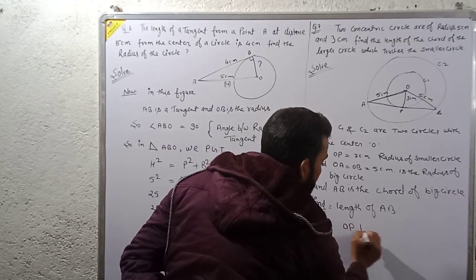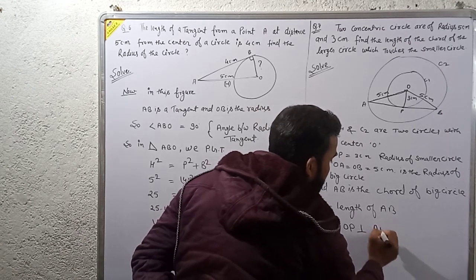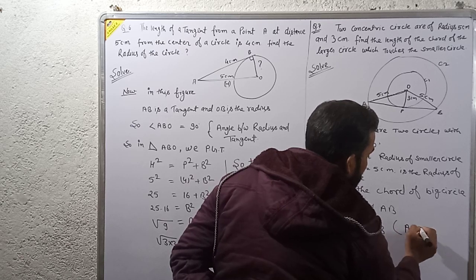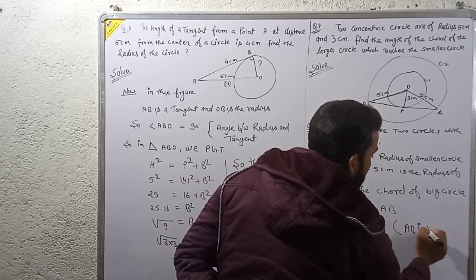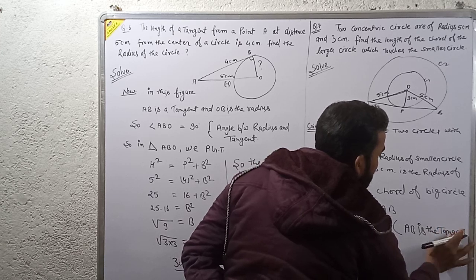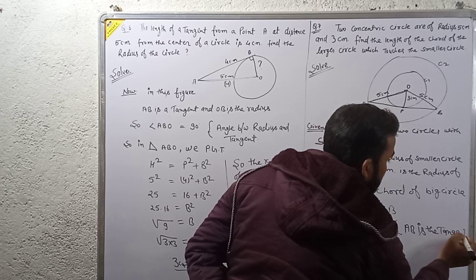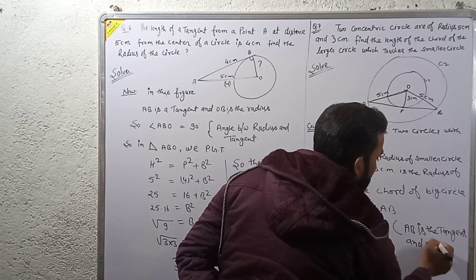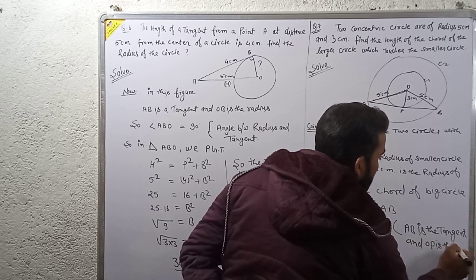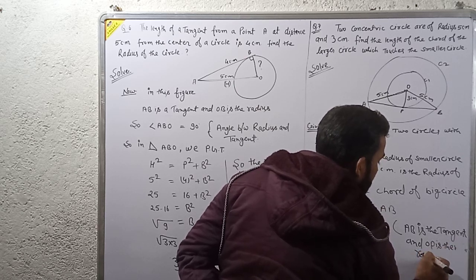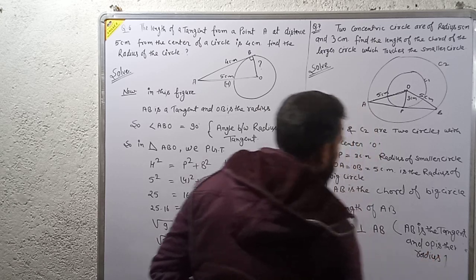OP is perpendicular to AB, since AB is the tangent and OP is the radius.